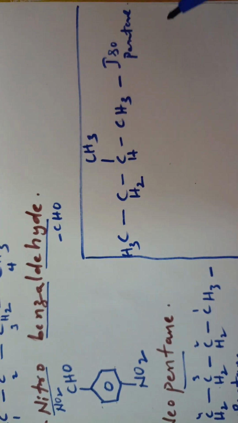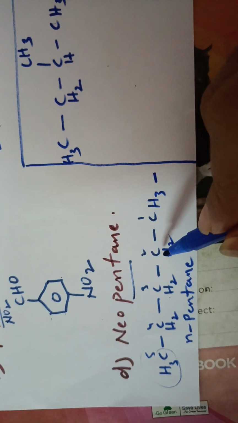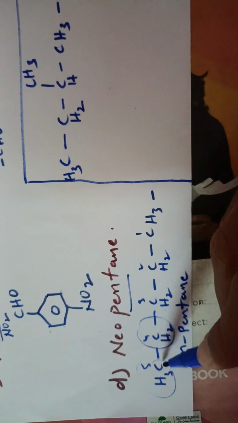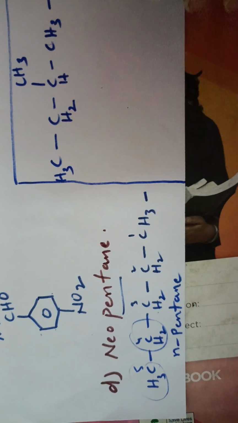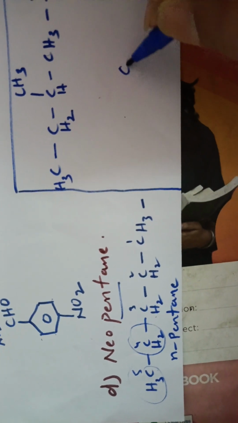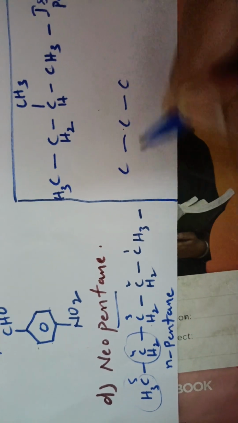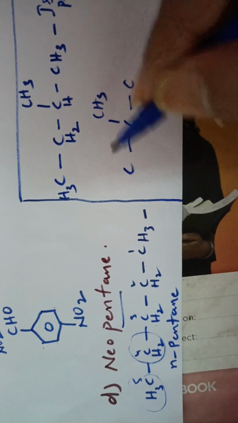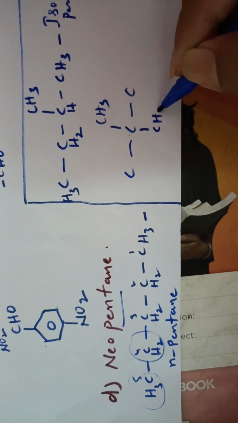Okay. Now again at the second carbon, this CH3 group and these two groups, if these two groups come to the second carbon, then I am writing here: this is the first carbon, second carbon, and third carbon. At the second carbon, this CH3 here, and at the second carbon this also with CH3.